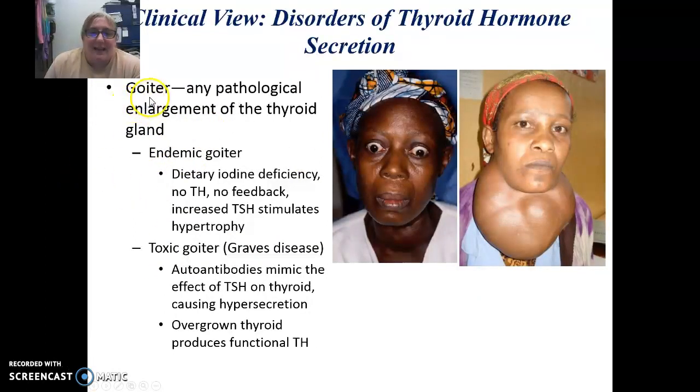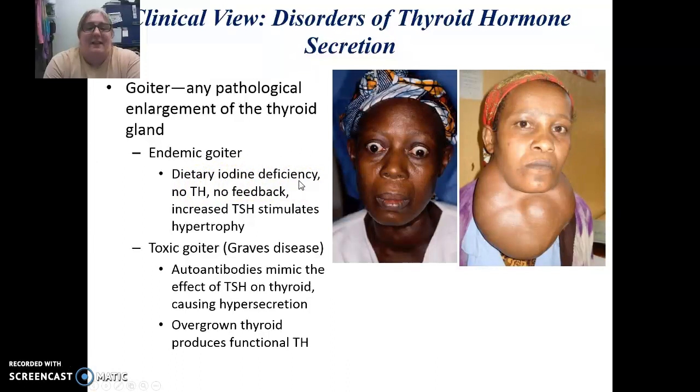A goiter is any enlargement, so a pathology that causes an enlargement of the thyroid. So here we have a goiter, and here we have a goiter. Both of these goiters are caused by different disorders. An endemic goiter, that's this one over here, is typically seen in iodine deficiencies.